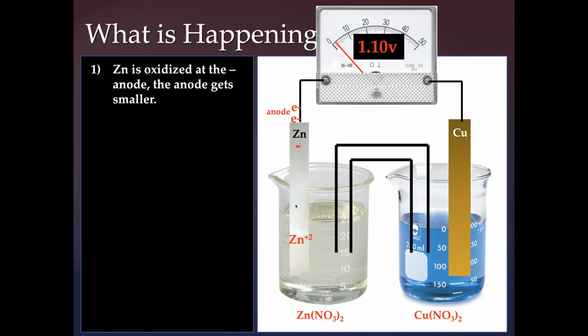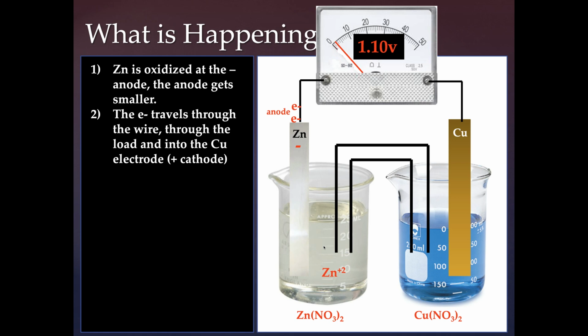The zinc loses electrons. The zinc dissolves, so over time the anode will get eaten away, and the electrons that are lost by the zinc will travel through the wire, being pulled by the copper ions in solution. Now, the copper metal strip can't gain those electrons. Metals can only lose electrons.